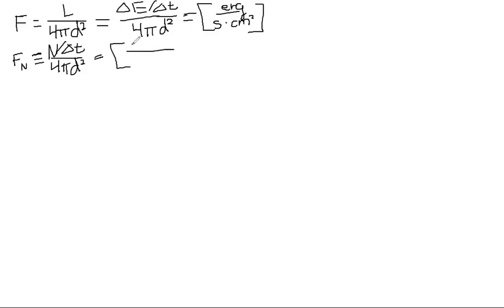So again, what I want this to have is units of neutrinos per second per square centimeter, or just per second per square centimeter, since neutrinos is just a count, it's not a real physical unit.